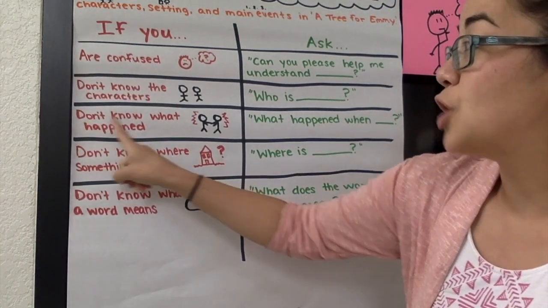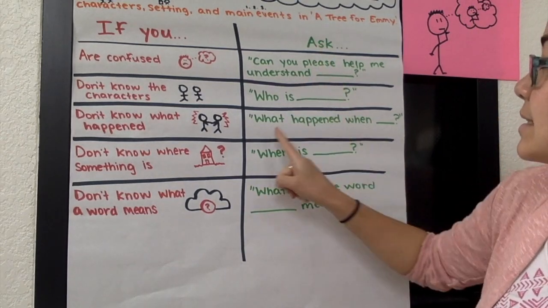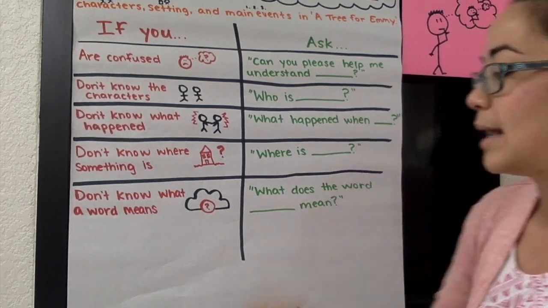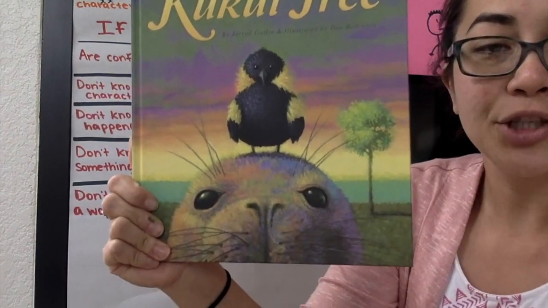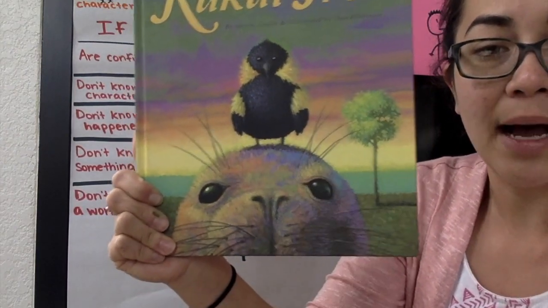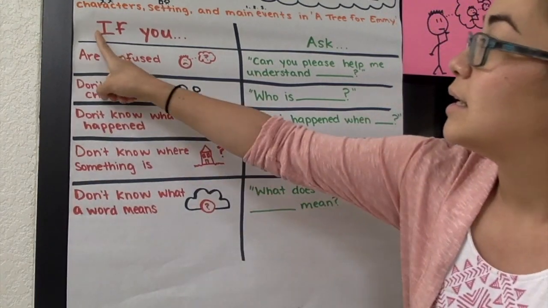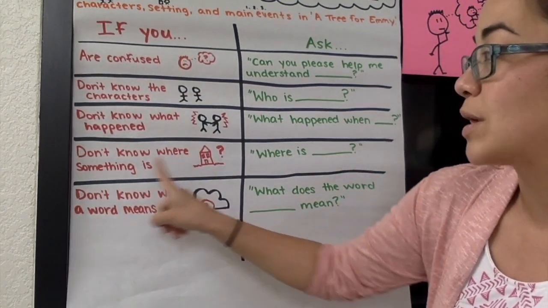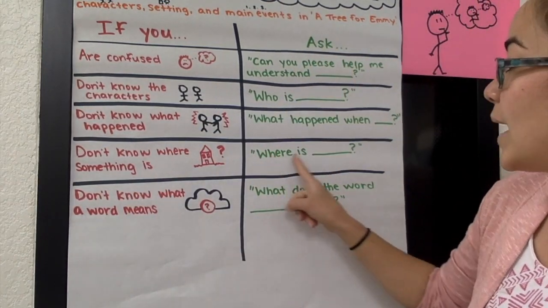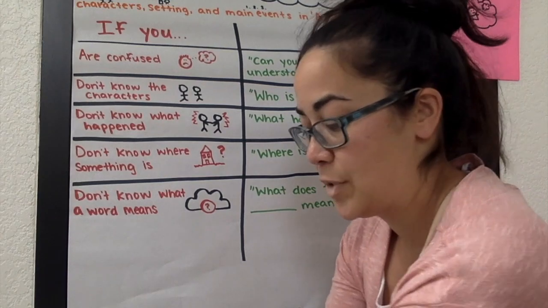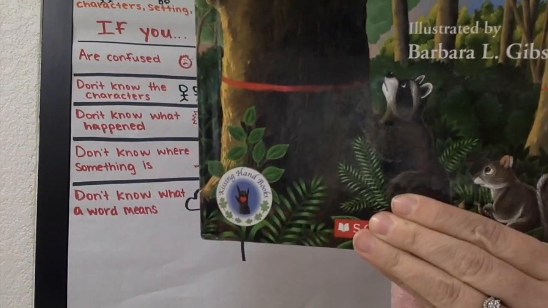If you don't know what happened, stop and ask, what happened when he took the tree seeds to Koa? Oh, they got lost. If you don't know where something is, stop and ask, where is Chester right here?